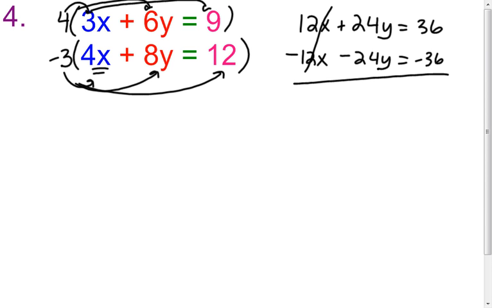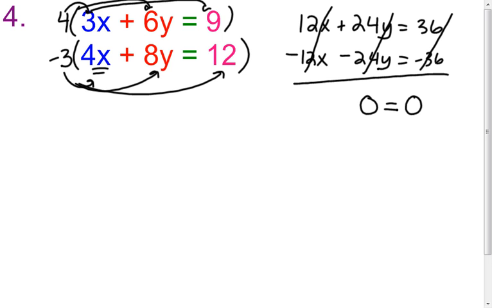My x's drop. 24y plus negative 24y is 0. So what I have left on the left side is 0. Equals 36 minus 36 is 0. When I add 36 and negative 36, I also get 0. So all you get is 0 equals 0, okay? Just like always, when all of your variables or your letters drop out, you have two choices.